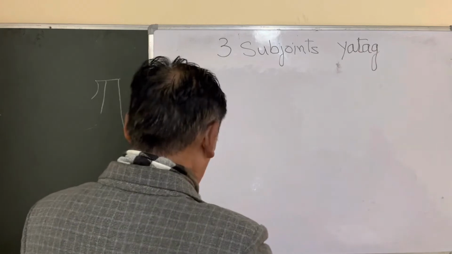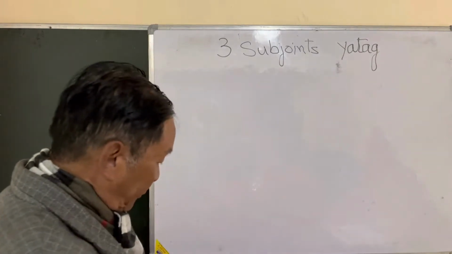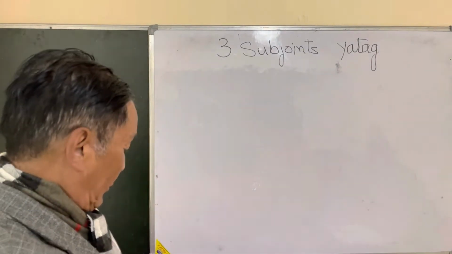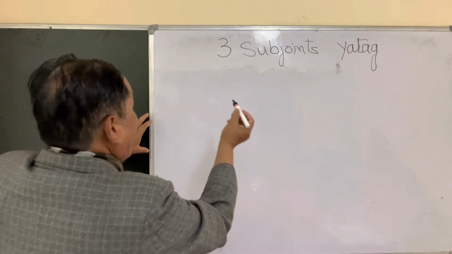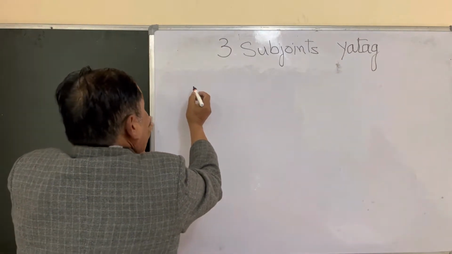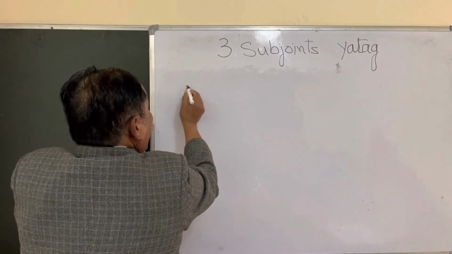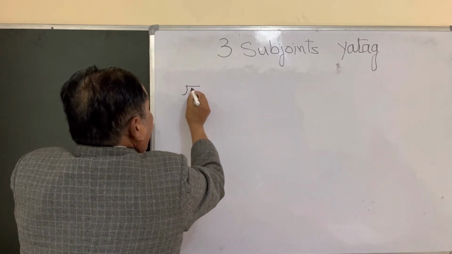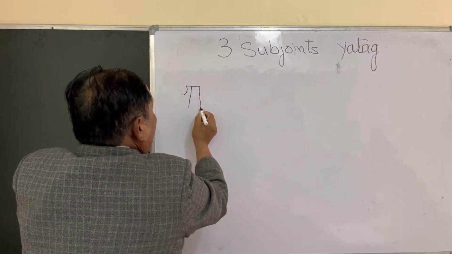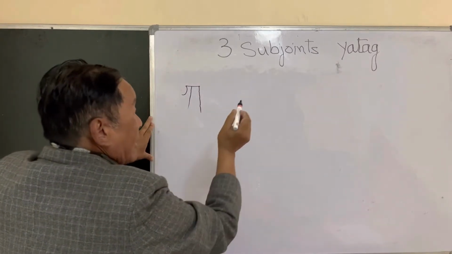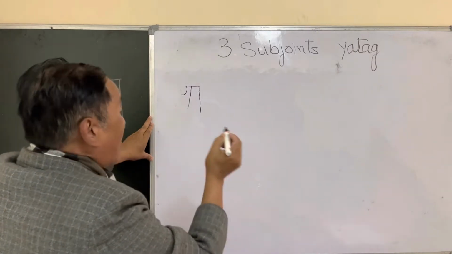And so, for example, this is ka. Now I'm writing the yatak part.